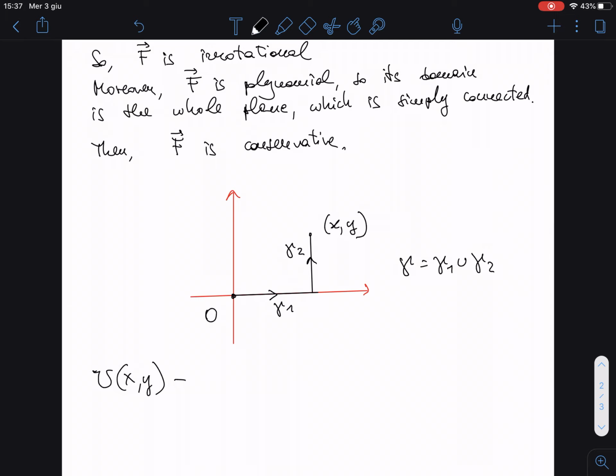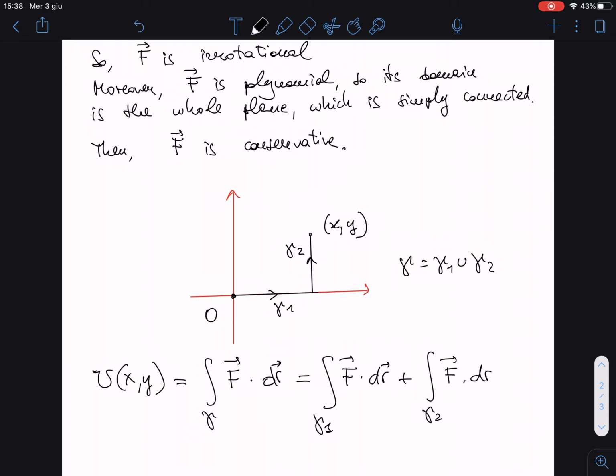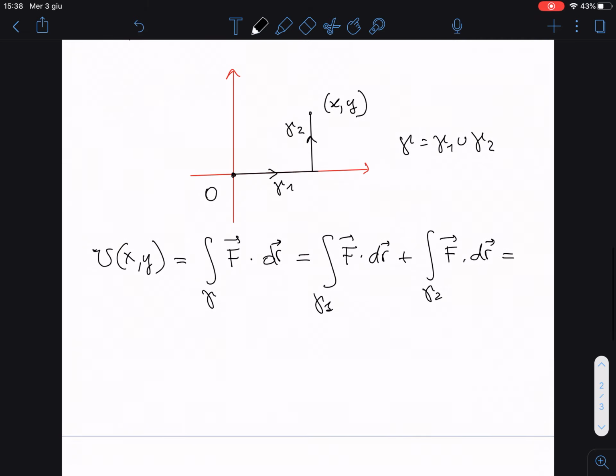So u(x, y) is the integral on gamma of f dot dr. And so f dot dr is equal to the same integrand on the curve gamma 1 plus the same integrand on the curve gamma 2.